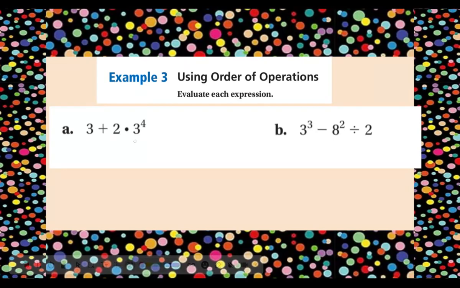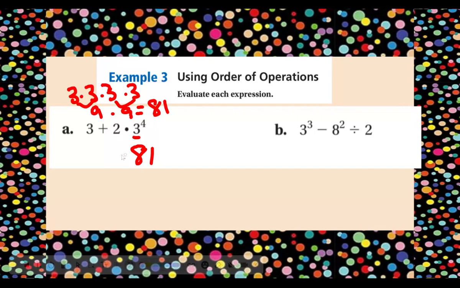Okay, here, using order of operations. So in A, I don't see any parentheses, but I do see 3 to the 4th power. So on your paper somewhere, write out 3 times 3 times 3 times 3. Well, 3 times 3 is 9. 3 times 3 is 9. 9 times 9 is 81. So 3 to the 4th power is 81.